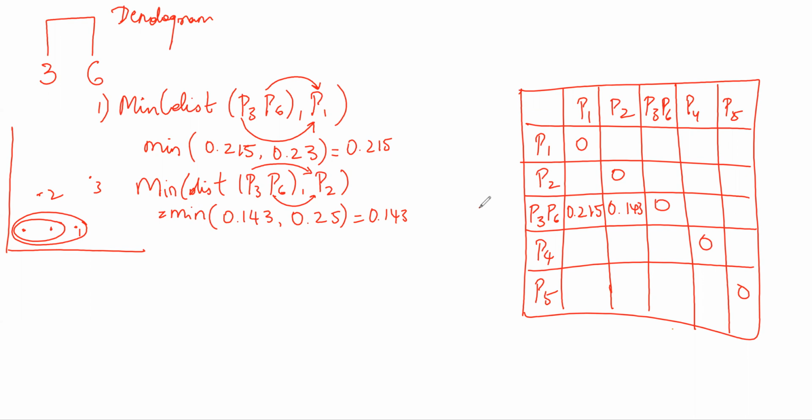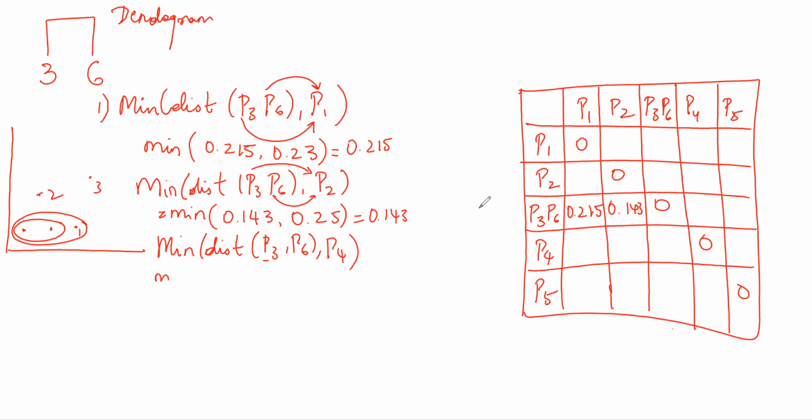Next, I have to take the minimum distance of P3, P6 with what? Can I take P3 now? No, I already have that over here, so I'm going to take the next point, which is P4.